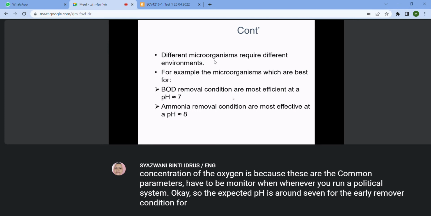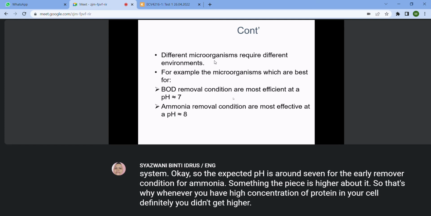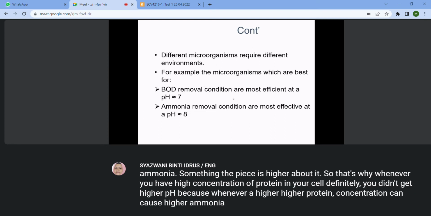For ammonia, sometimes the pH is higher, about 8. So whenever you have a high concentration of protein in your sample, you will definitely get a higher pH, because a higher protein concentration can cause higher ammonia production, thus increasing the pH value.